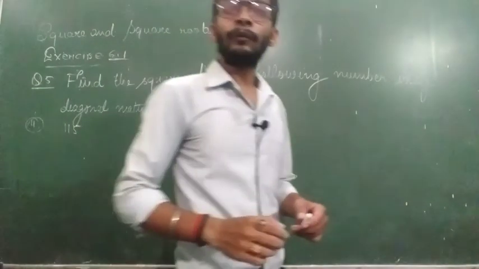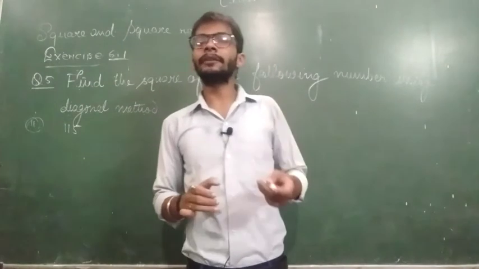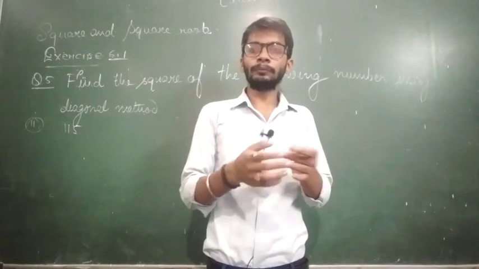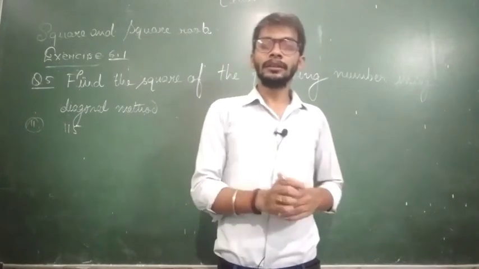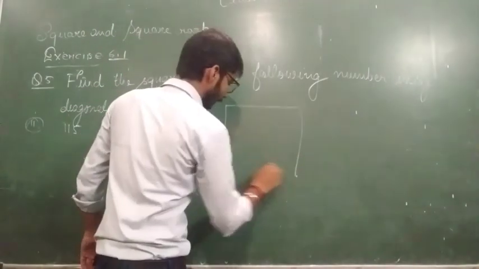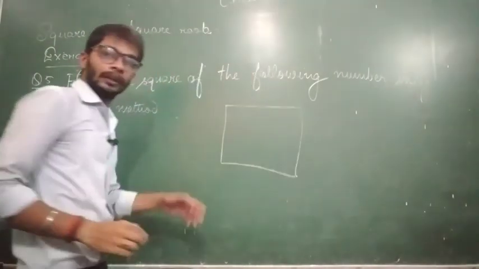Now we have to find the square of 115 by the diagonal method, and here we have 3 digits. To find the square we have to make some changes to the square method. So here we will make 3 parts of a square, diagonally, in the column and in the row.